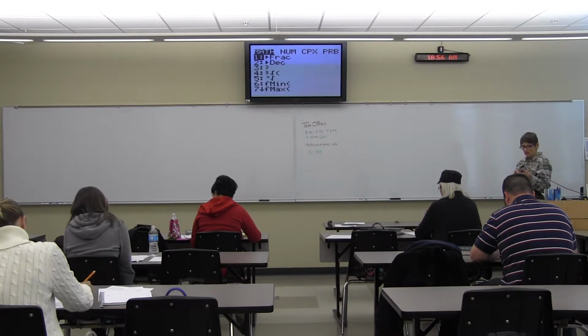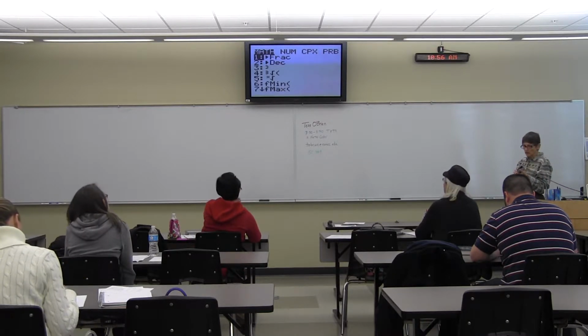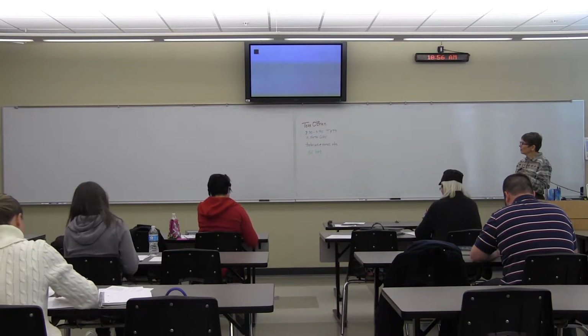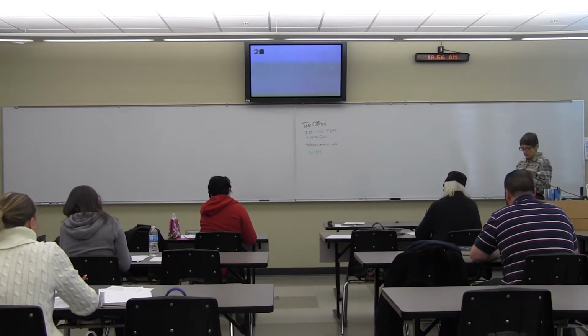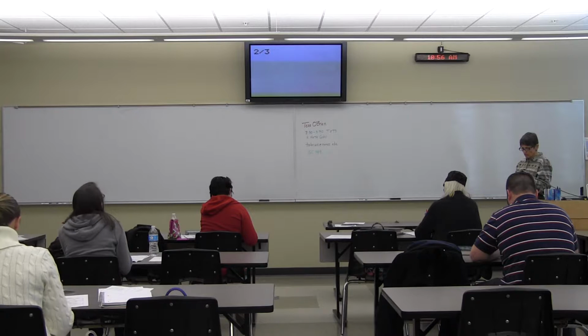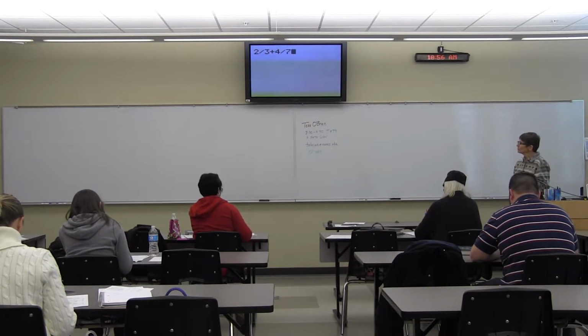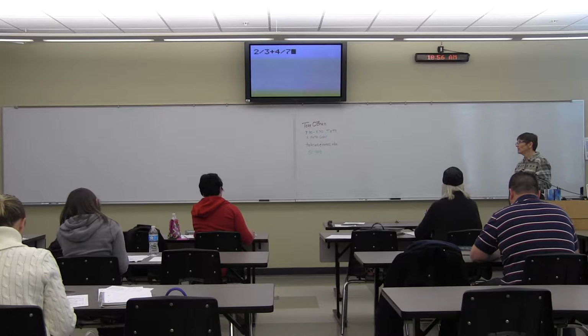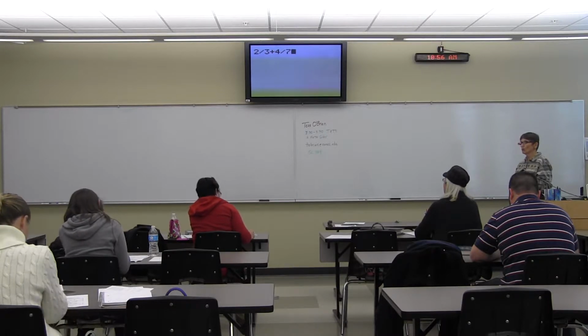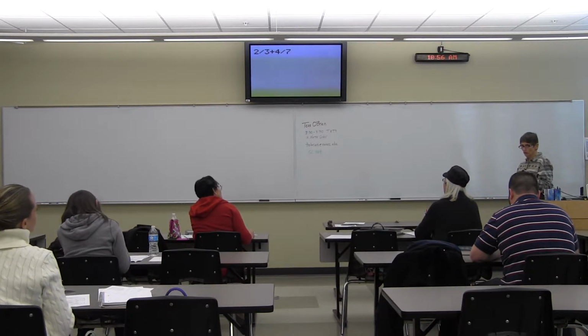So let's say we want to add 2 numbers. Let's go second mode to quit, back to the home page. And let's add 2/3 plus 4/7. So I just type in 2 divided by 3 plus 4 divided by 7. I don't need parentheses in this case because the calculator follows the rules of order, so it'll do division before it does addition, which is what I want it to do.